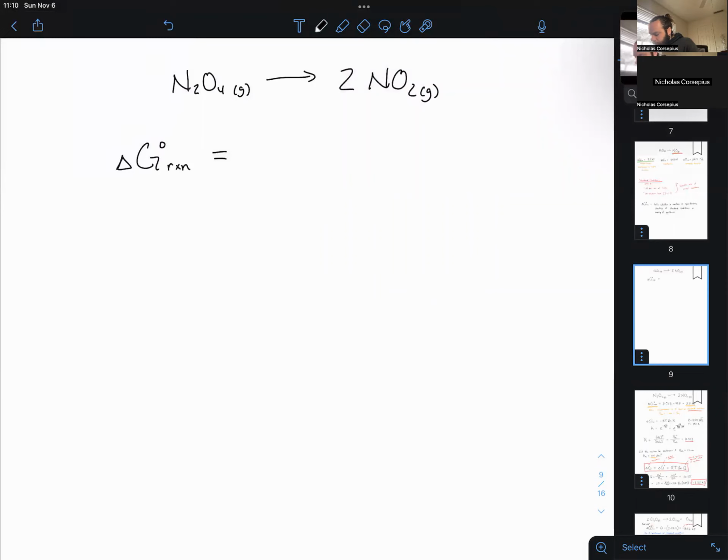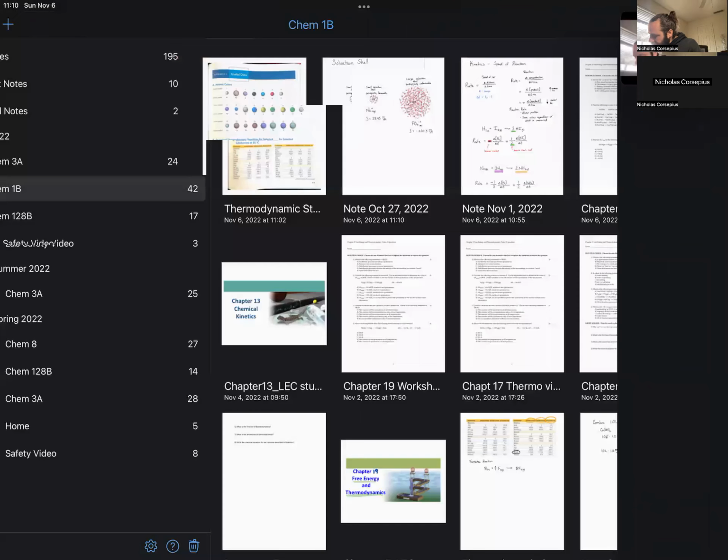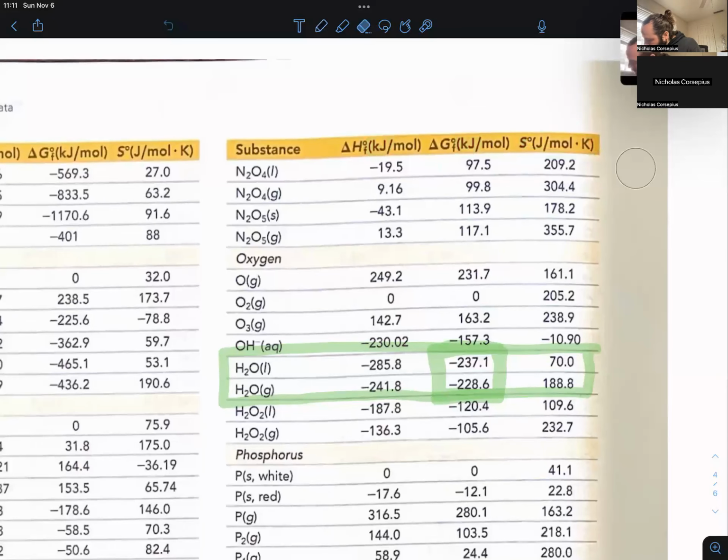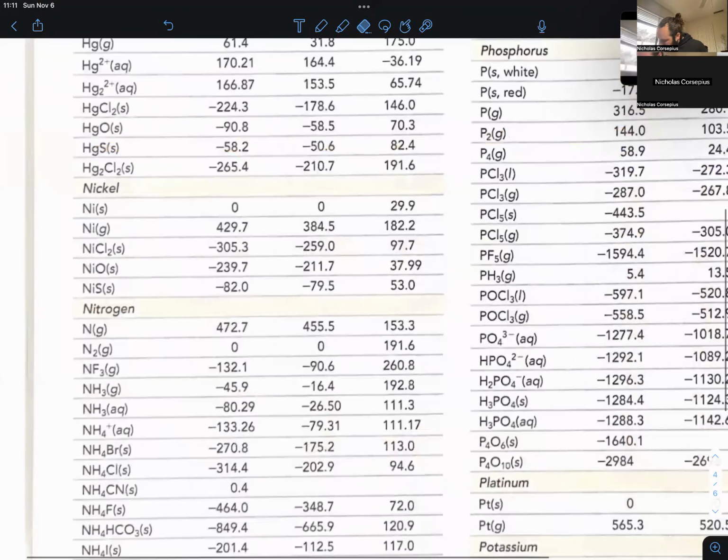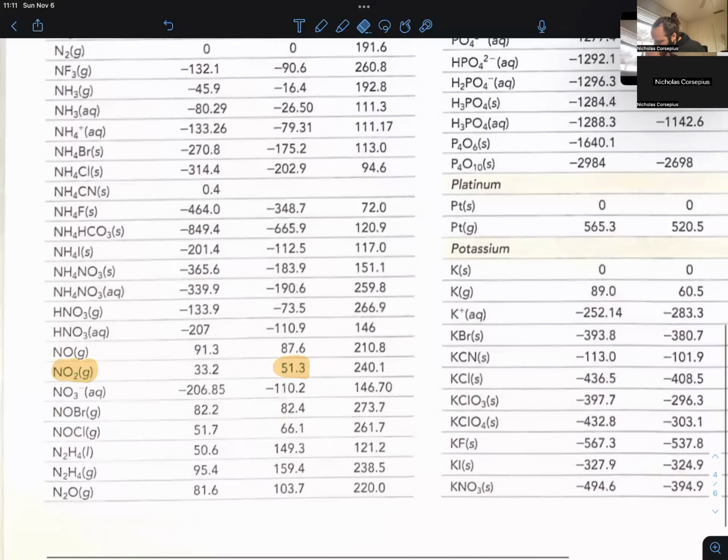I would go to my constants page. I would look up the value for, it's actually right here, so let's grab this one first. We're going to look at just the delta G. So my reactant is this 99.8. And my product is this one right here. It's already circled for me, the 51.3.